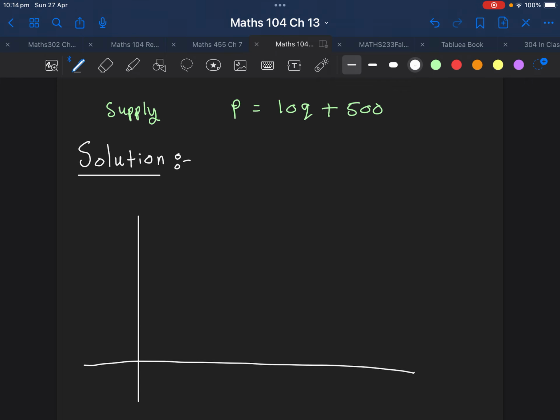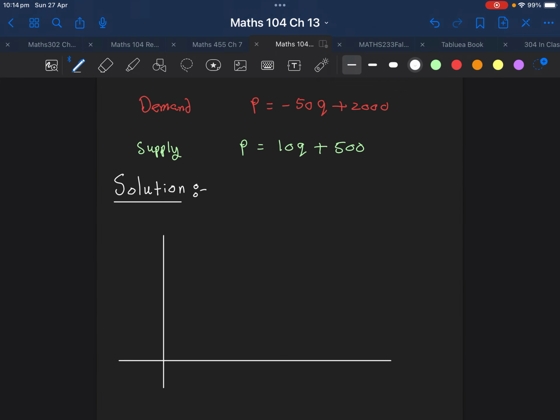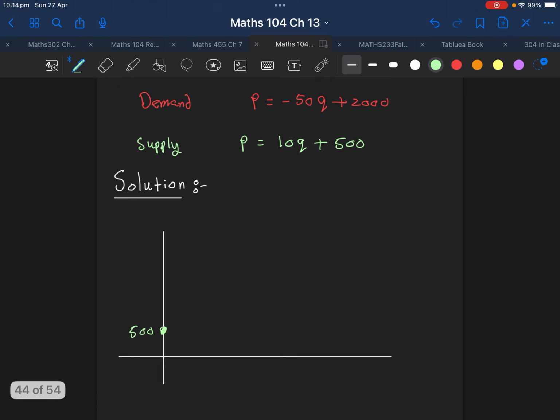So something like this. Of course, the supply will start with 500, just this point. And then after a while, it will be here somewhere. Okay, this is the supply.